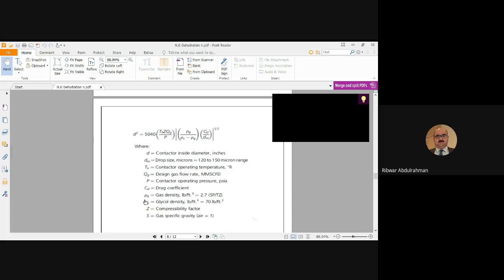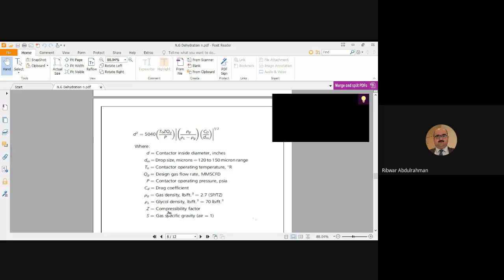You can use this equation to find out the value of the gas density. You already got the density of the liquid, which is glycol. The density of glycol in the British unit is equal to 70 pounds over cubic feet.